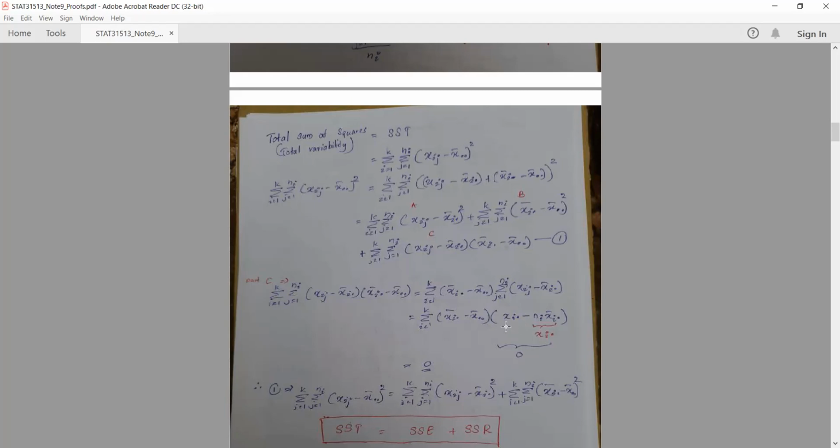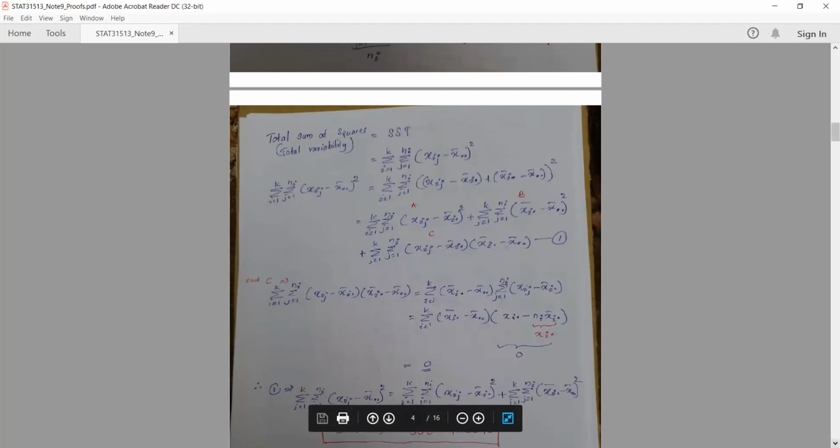That you can denote as xi dot. And here you have xi dot bar, and it's independent from the index j. So you can write this as ni times xi dot bar. We know xi dot bar is equal to xi dot divided by ni. So ni times xi dot bar you can replace by xi dot. So this term will become 0. That is, we can write that the multiplication of these two terms is equal to 0.